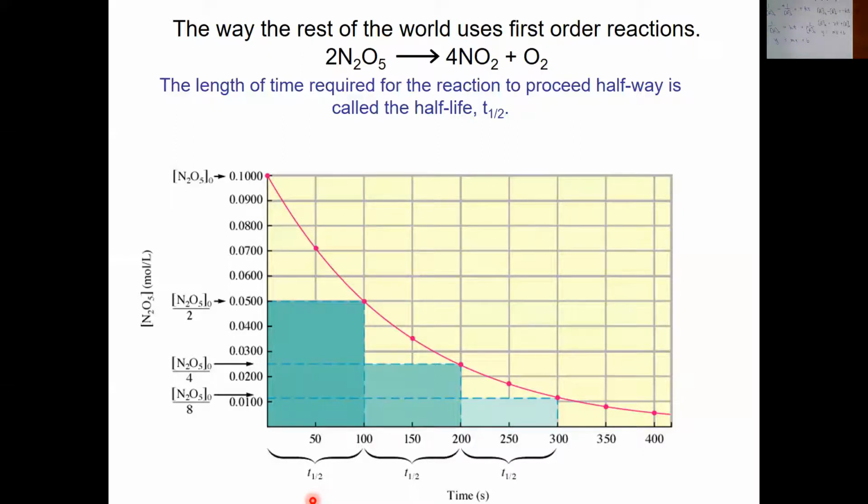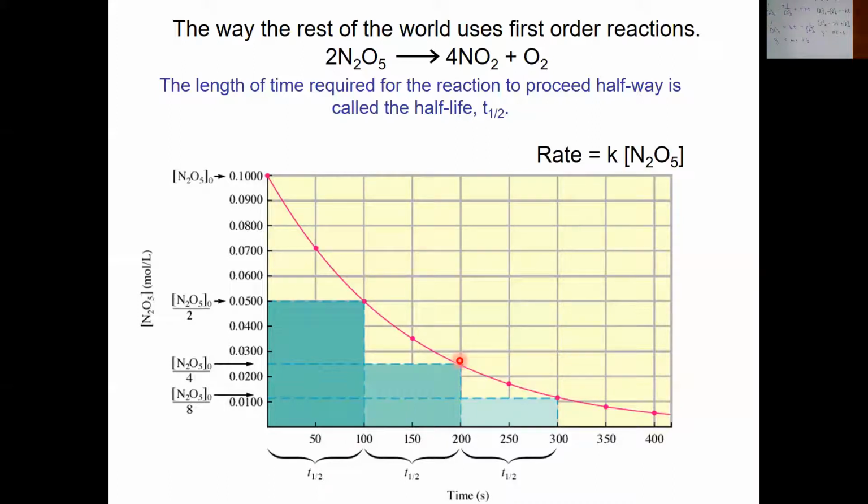Another half-life elapses. After 100 additional seconds have passed, you go from where you were at the start of that new half-life to where you were at the end of that new half-life. You went from 0.05 to 0.025. Every 100 seconds, your concentration is cut in half.